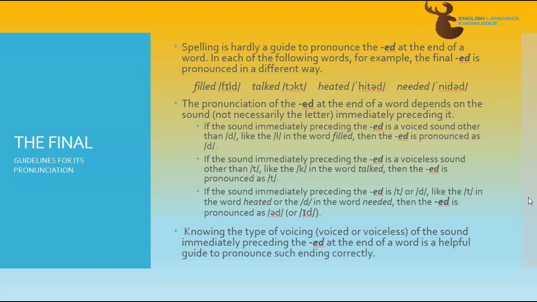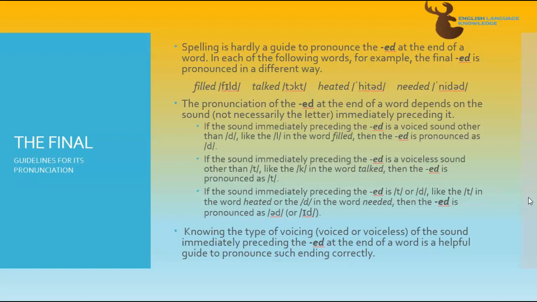Okay? So important. If the sound preceding the ED is a t or d, then the ED is going to be pronounced ed or id.